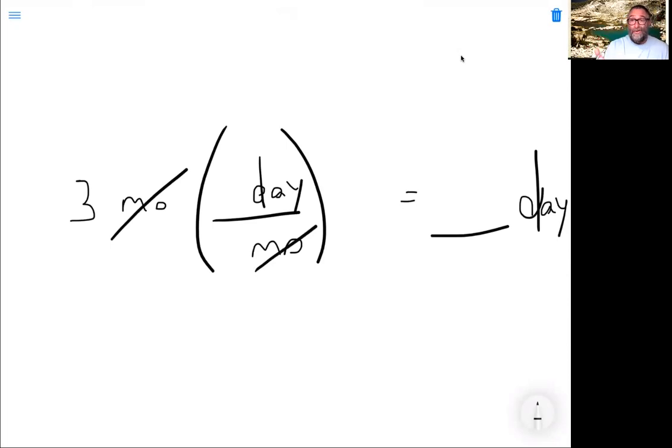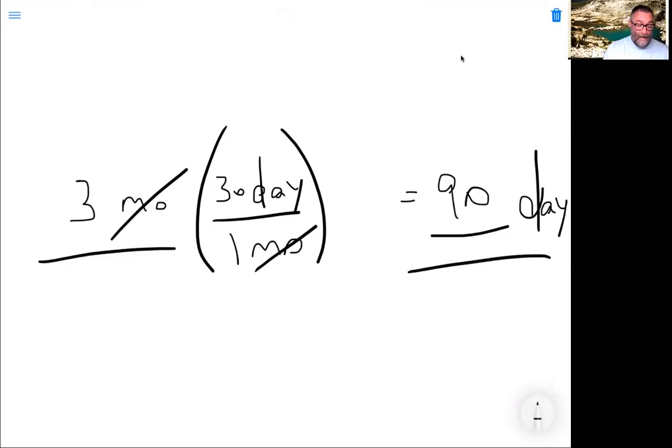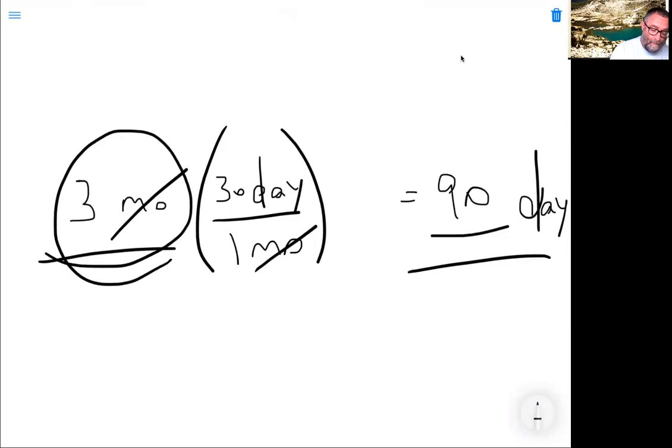So now what are the numbers? How many months equals day? If 1 month equals 30 days, that's just a way to write 1. I'm not really changing anything. This just gives me another way to express that same value. I've taken one thing, multiplied it by 1.